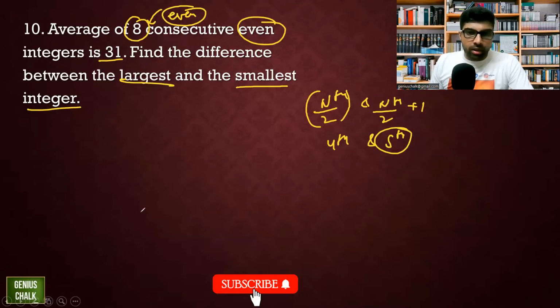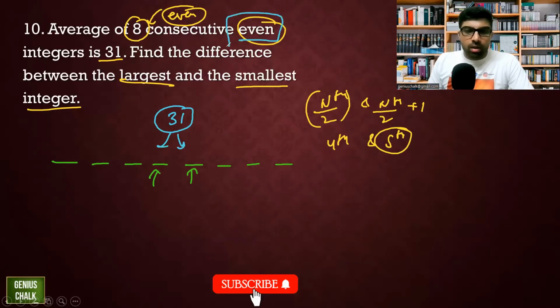Now write it, we can make it also. So 1, 2, 3, 4, 5, 6, 7, 8. So this is lying between 4th and 5th. So this number is how much? It is 31. That means this average is 31. So what even number comes after 31? That is 32. And here it is 30. So I've got the numbers now.